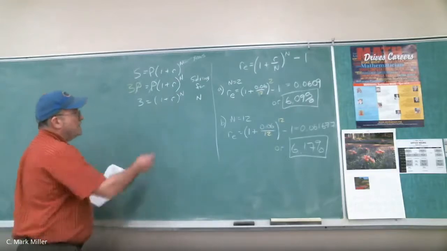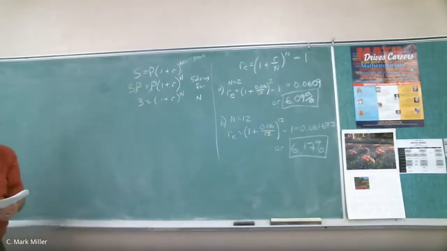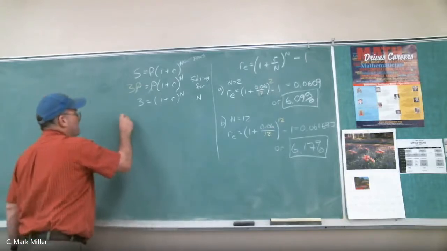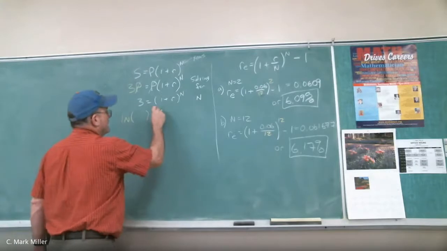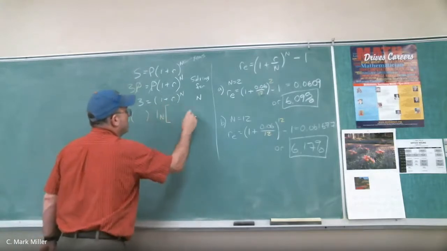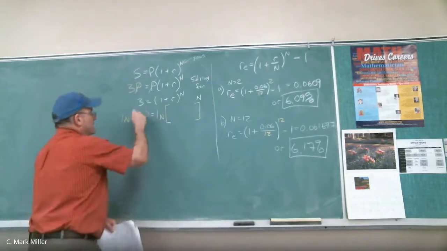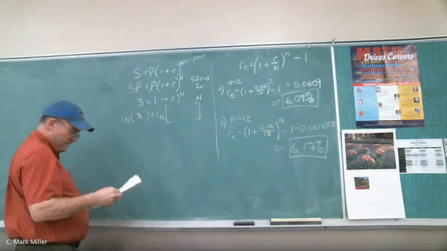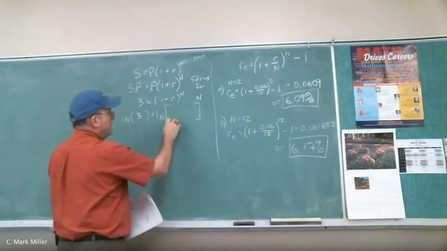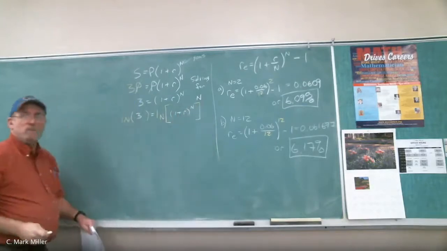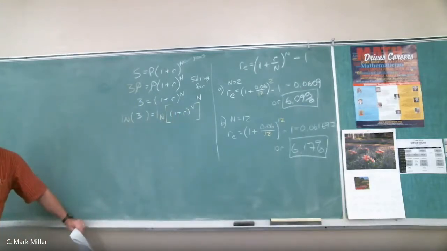So you're going to take a log of both sides. I'm going to choose to do natural log of the left, natural log of the right. So that's natural log of 3. And then this is 1 plus R to the N. The N can come down front. You're ahead of me, bro. That's great.